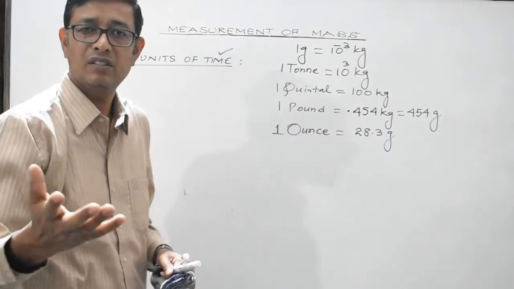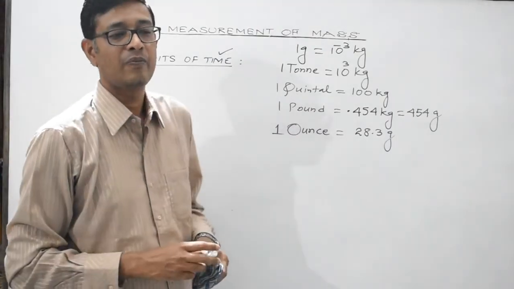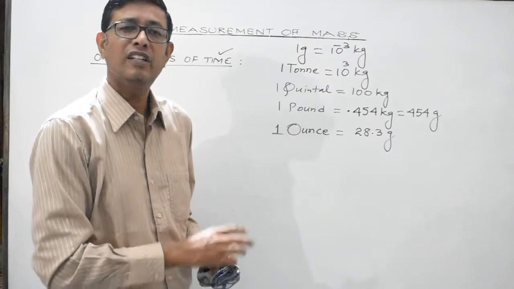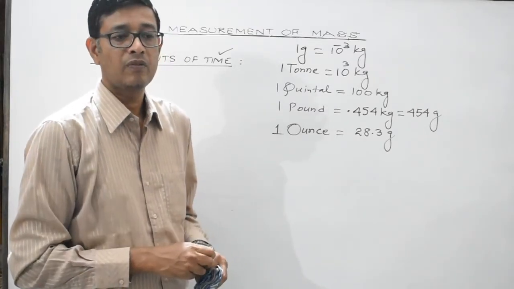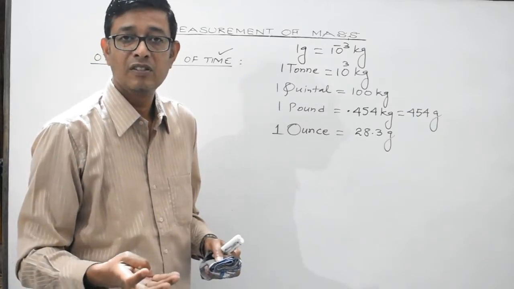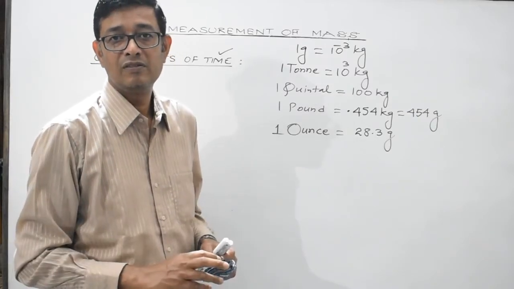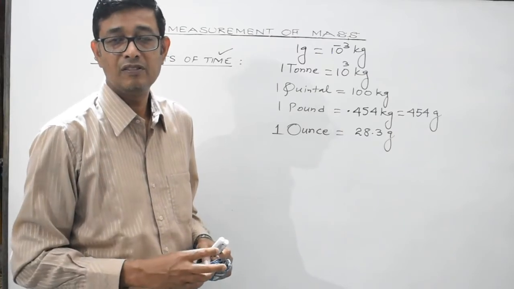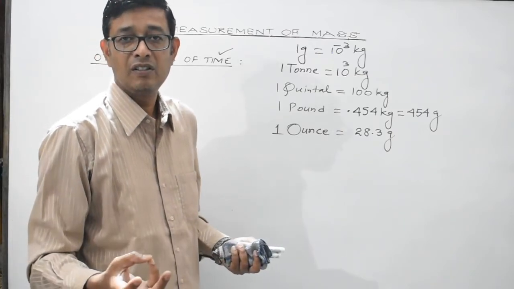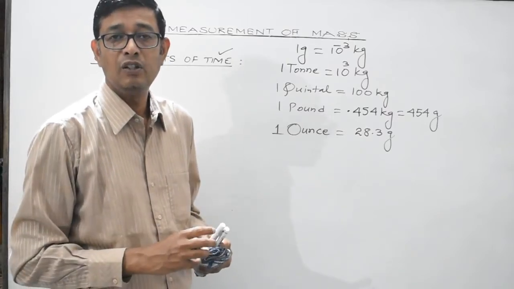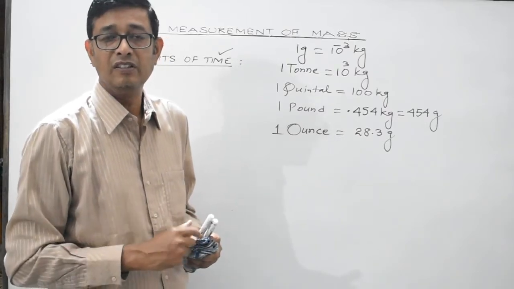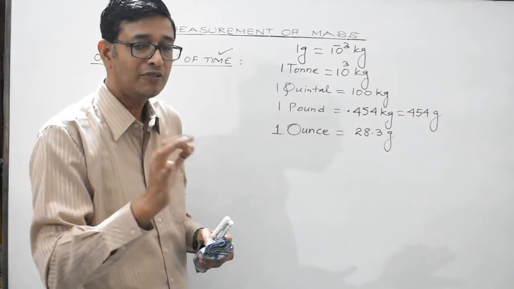The SI unit of time, you're all aware, is second. But there are various other units of time as well. Suppose a day, a week, a month, a year, cosmic year, solar year, right? Lunar day. These are all units of time.